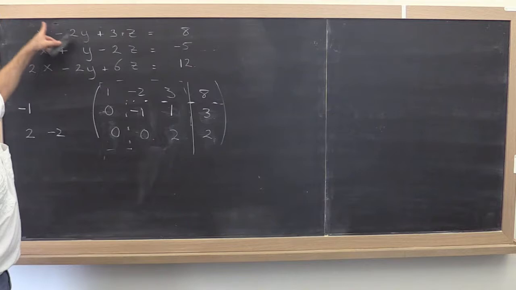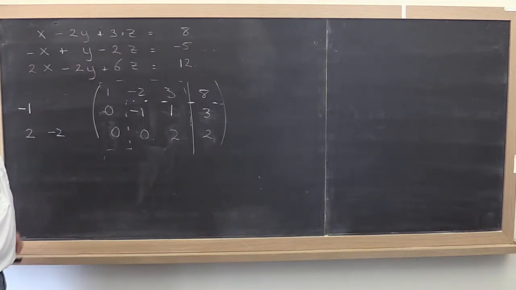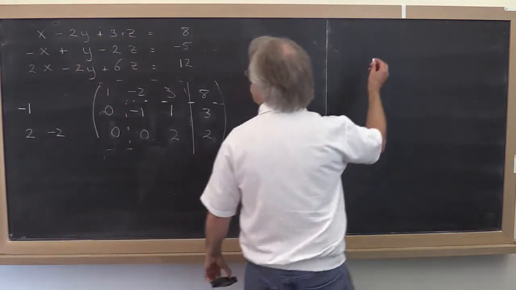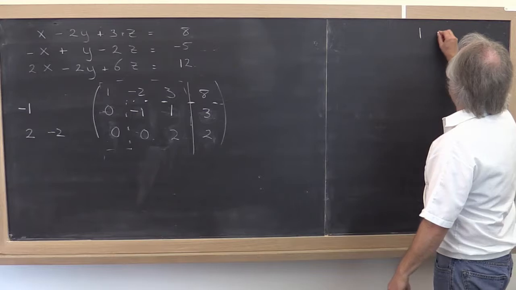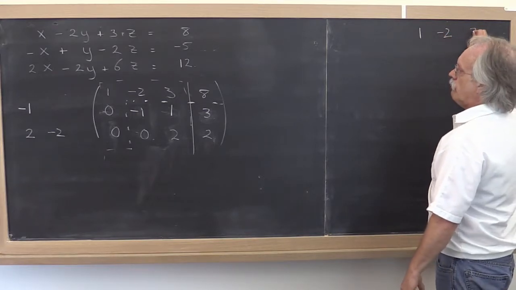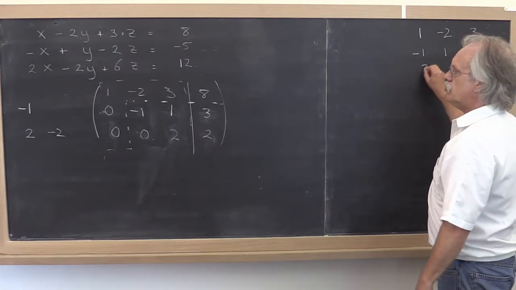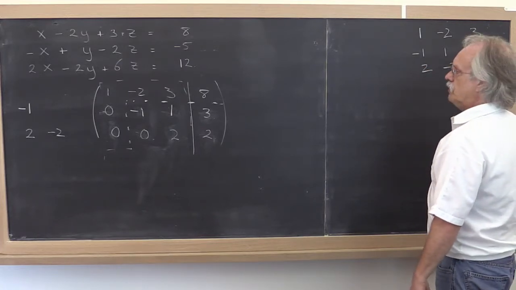Okay? Let's go back up here and think back of the matrix that we had there, and let's write it over here: 1, minus 2, 3, minus 1, 1, minus 2, 2, minus 2, 6.